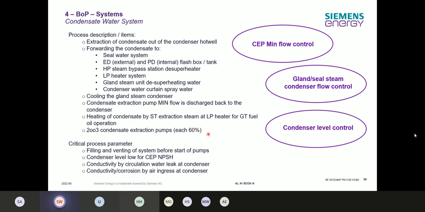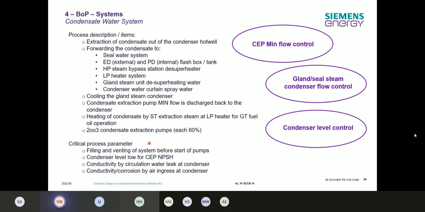Each one is around about 60%. So normally 2 pumps are running, 1 is in standby, and this is the normal concept for the condensate extraction pumps.